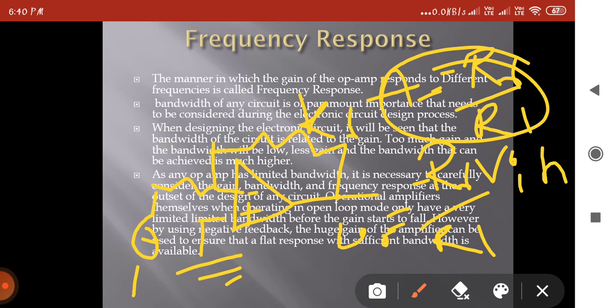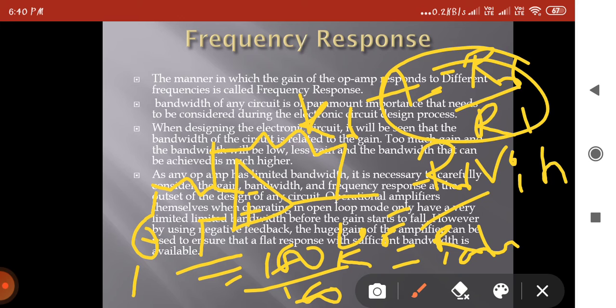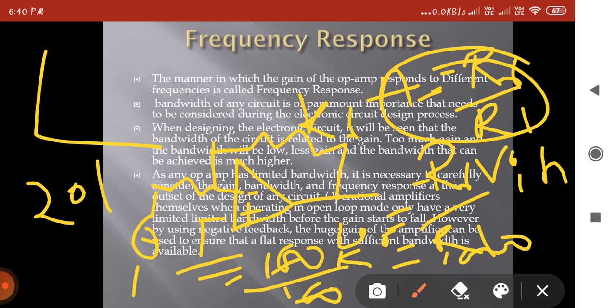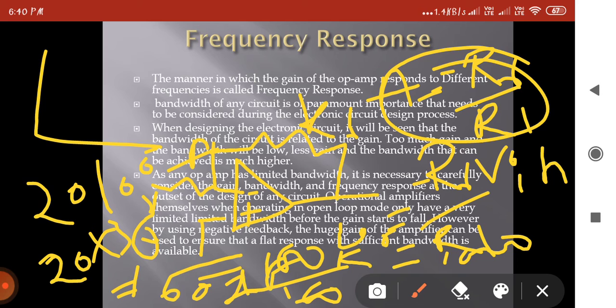For example, RF is 100 kilo ohm and R1 is 100 ohm. This cancels to 1000, so the gain is 1000. The gain in decibels is 20 log A. The log of 1000 is 3, so 20 into 3 equals 60 dB.